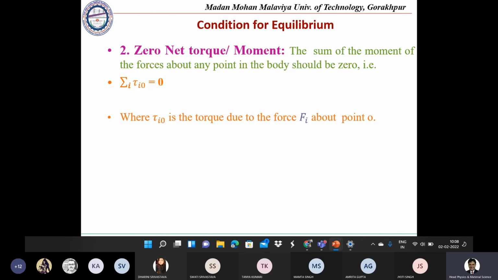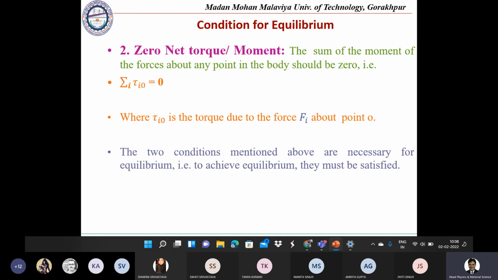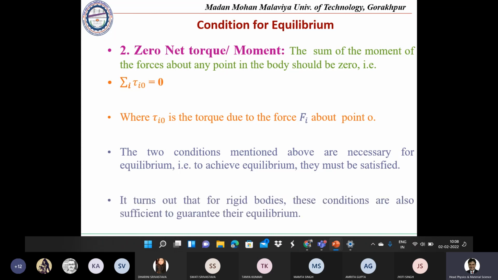Here tau iO is the torque due to the force Fi about the point O. The two conditions mentioned above are necessary for equilibrium, that is, to achieve equilibrium they must be satisfied. And it turns out that for rigid bodies, these conditions are also sufficient to guarantee their equilibrium.